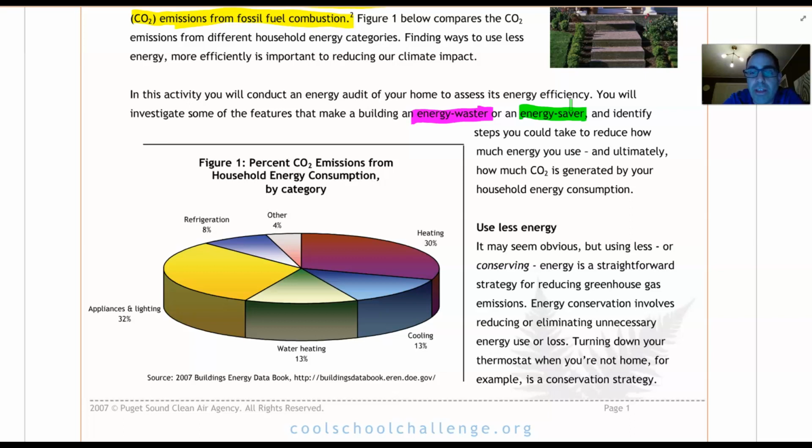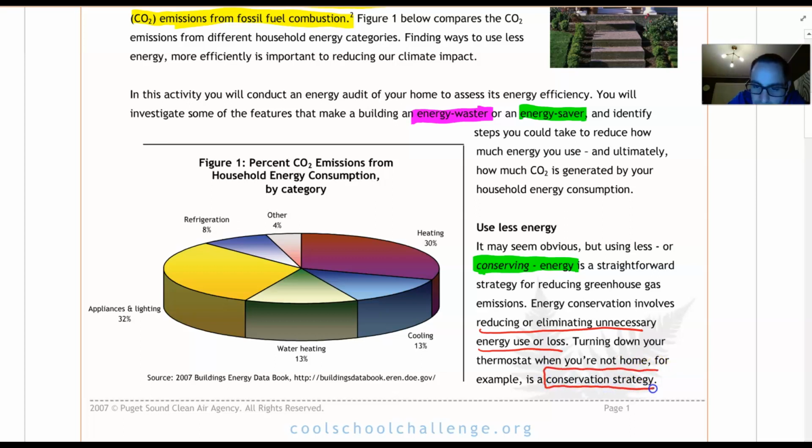Use less energy. It may seem obvious, but using less or conserving energy is a straightforward strategy for reducing greenhouse gas emissions. Energy conservation involves reducing or eliminating unnecessary energy use or loss. So we want to reduce how much energy we are losing. Turning down your thermostat when you're not home, for example, is a conservation strategy.